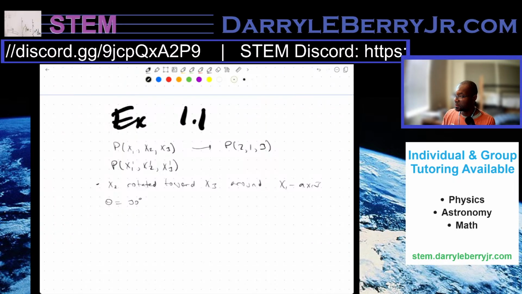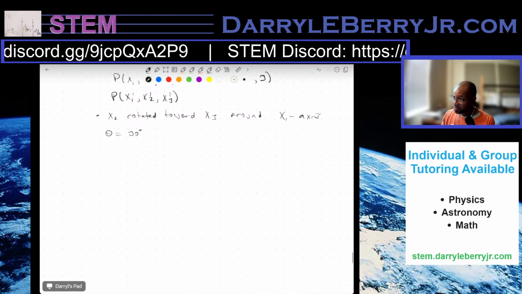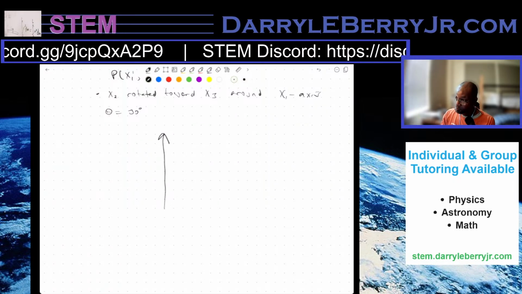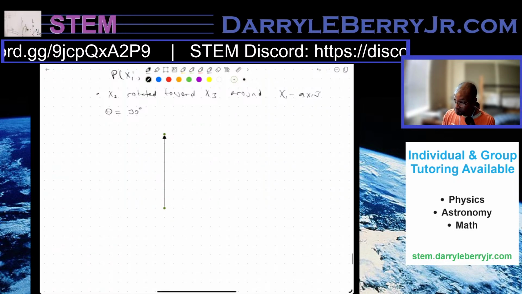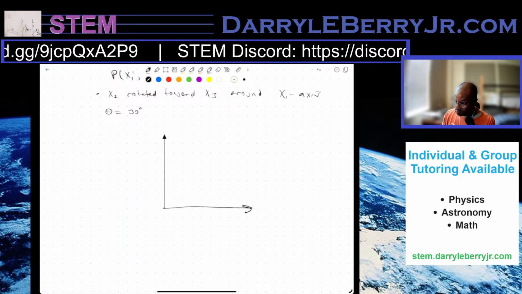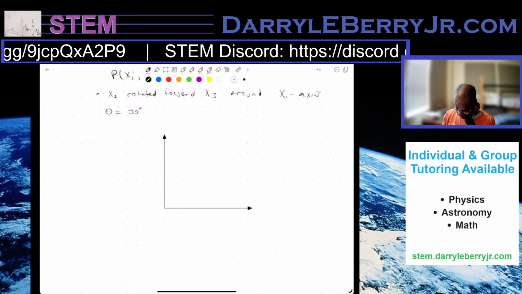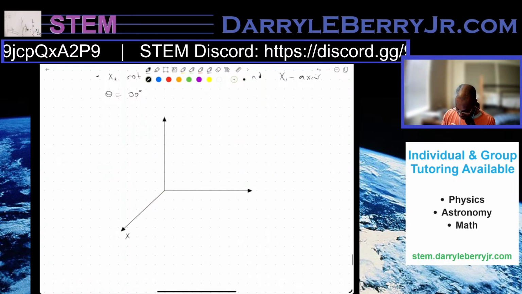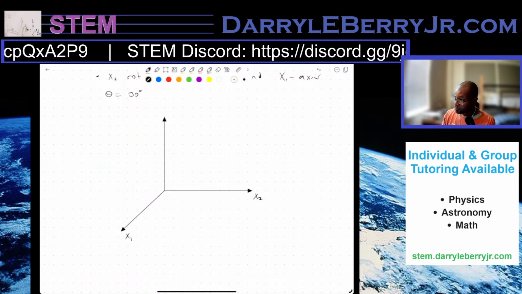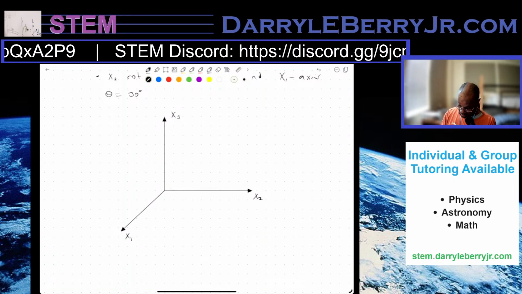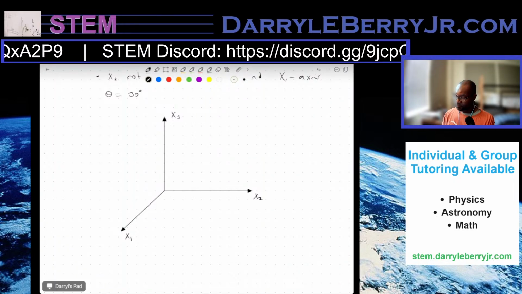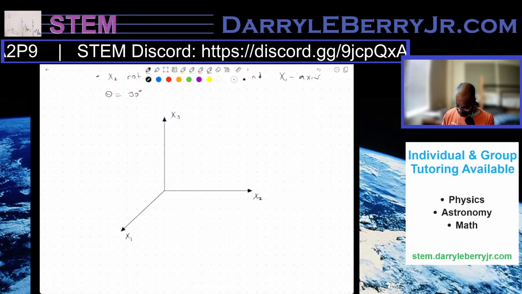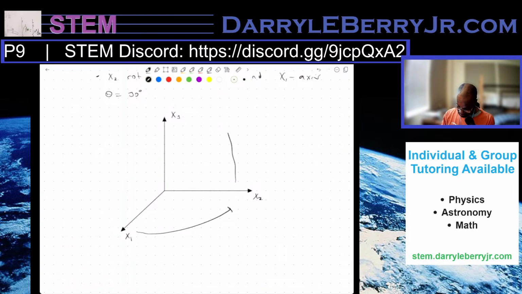All right, so this is the illustration they give us. So we have x1, x2, x3, and this is the standard order of coordinate systems. There's always x, y, z.